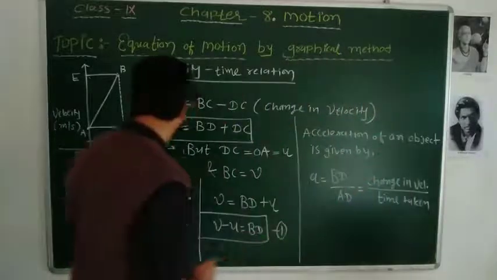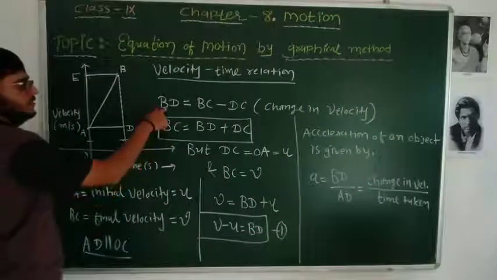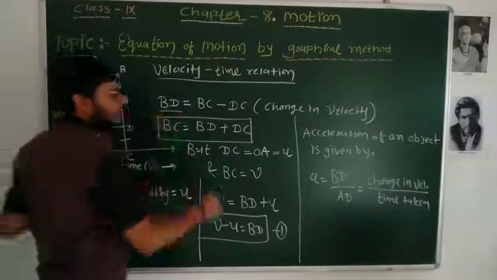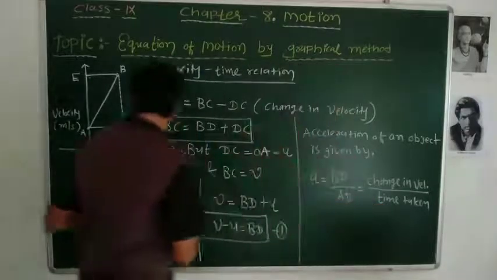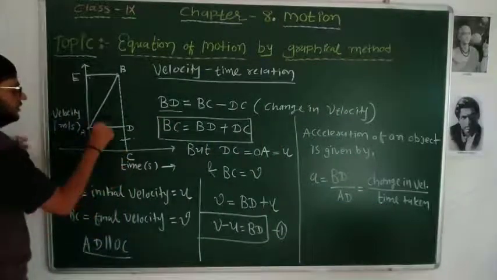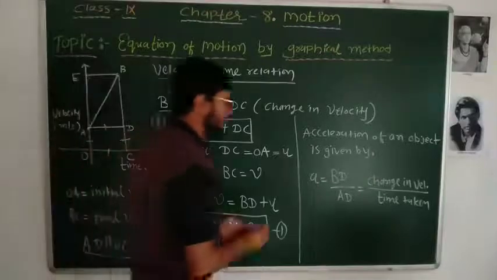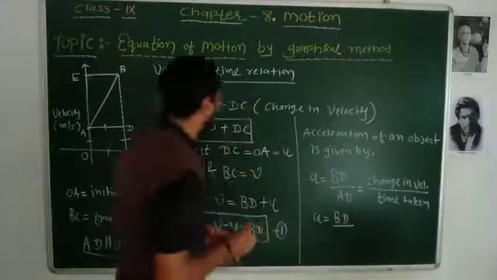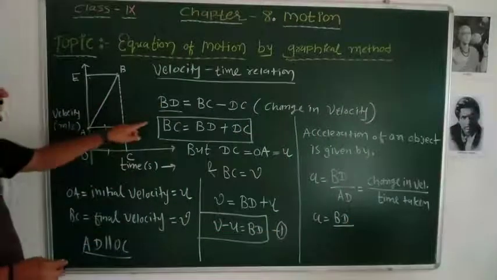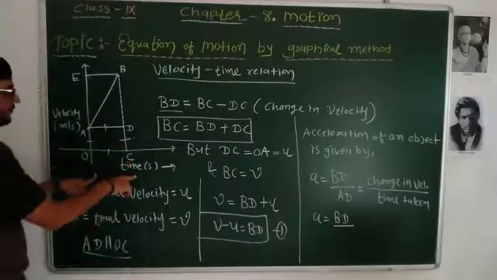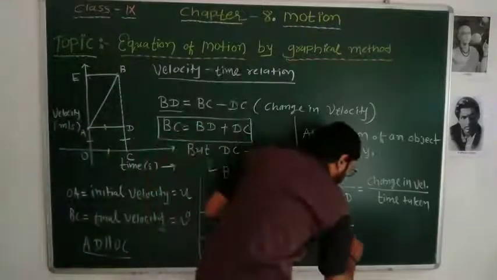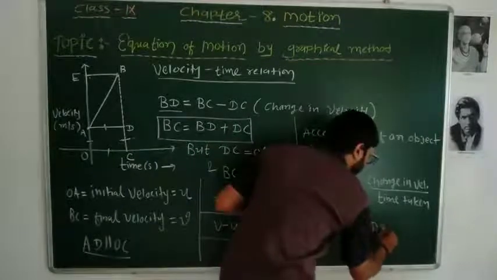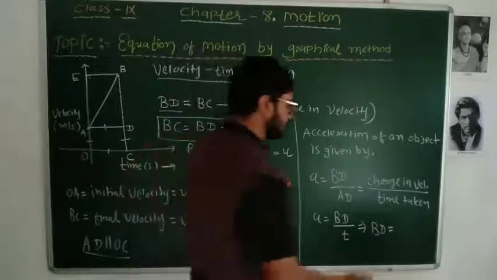Here the change in velocity is BD, and the time taken is AD, because AD and OC are the same. AD is the time interval, that is T. So from this equation we can write BD is equal to A into T.